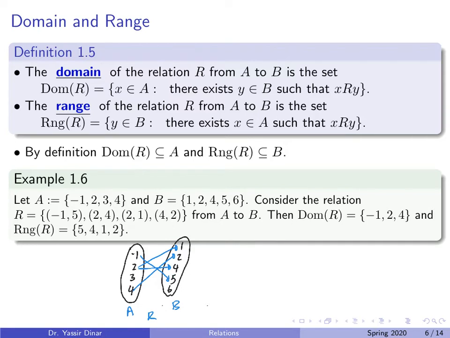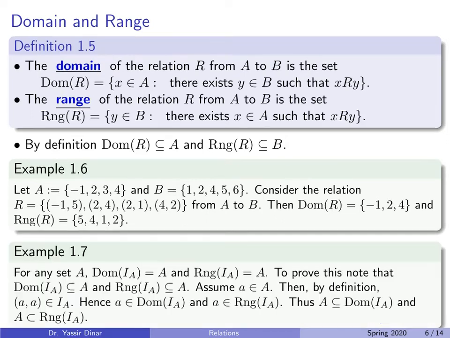The set of elements where the arrow goes out will be my domain. So my domain here is {-1, 2, 4}. While the set of elements where the arrow goes to will be my range. So my range is {1, 2, 4, 5}.